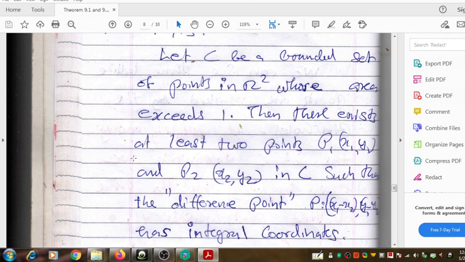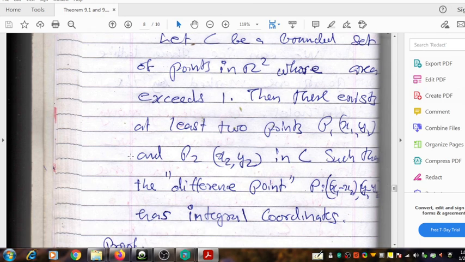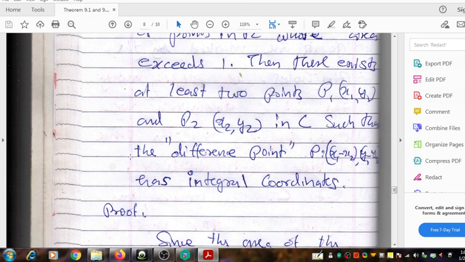It is greater than 1, and then there exist at least 2 points P1 (x1, y1) and P2 (x2, y2) in C, such that the difference point, we make this a new point. The difference point, we can make the difference point, and we give it the name P.